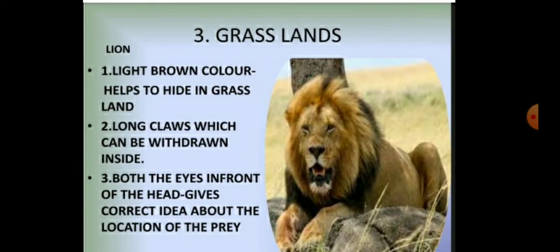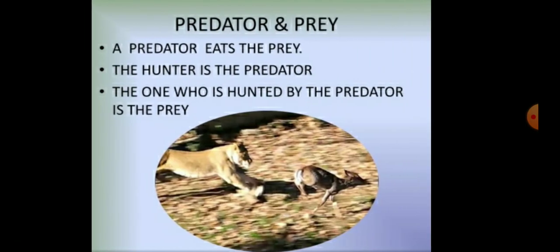And the habitat of the grassland, the very good example is the lion. The light brown color helps it to hide in the grass of the land, and it has long claws which can be withdrawn inside. Both eyes are in front of the head, because they give the correct idea about the location of the prey.